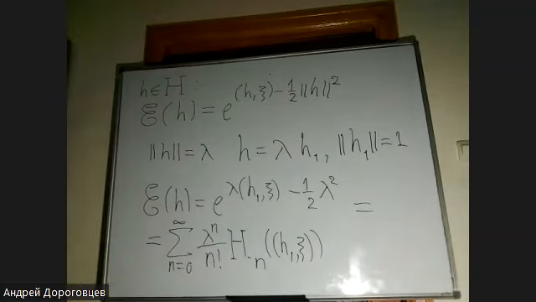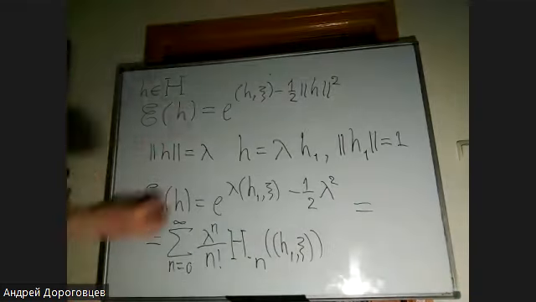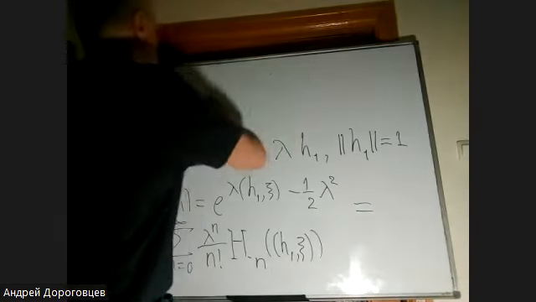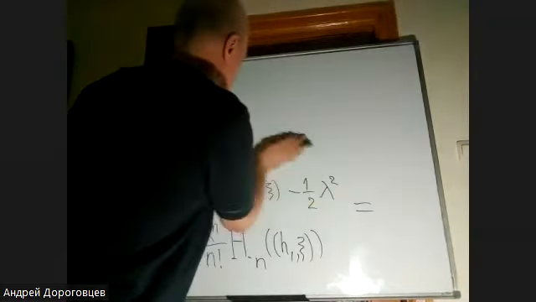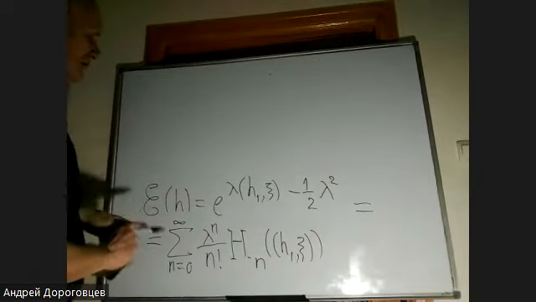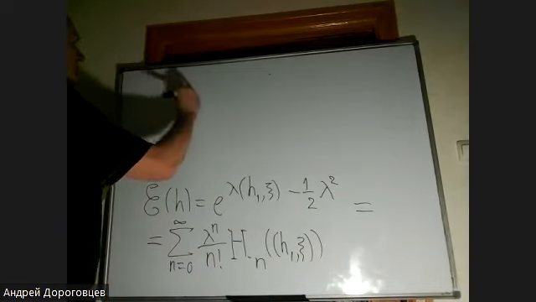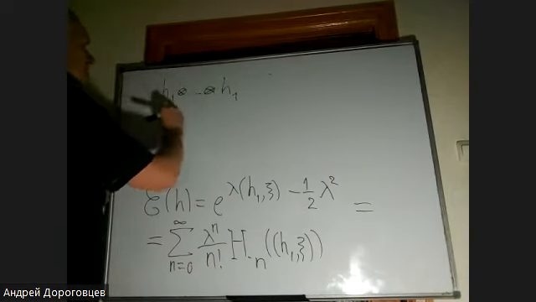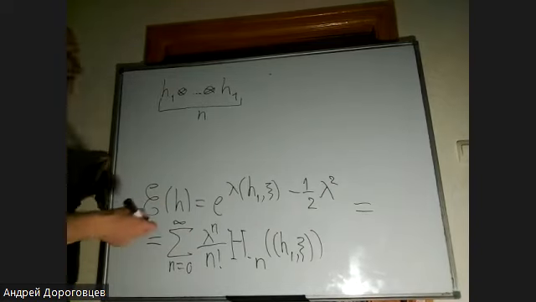Now let's look precisely at this expression, namely, let me consider the following very simple Hilbert-Schmidt form on H. This will be h1 tensor h1, exactly n times.